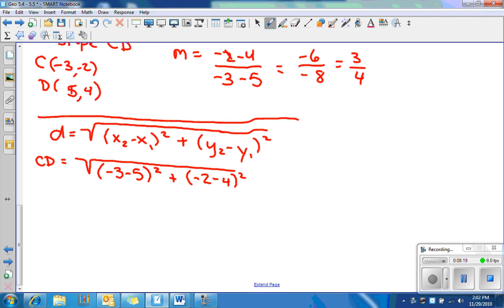You want to follow order of operations, which is parentheses, excuse me, exponent, and then addition. So -3 minus 5 is 8, and 8 squared is 64. And -2 minus 4 is -6, and -6 squared is 36. 36 plus 64 is 100.